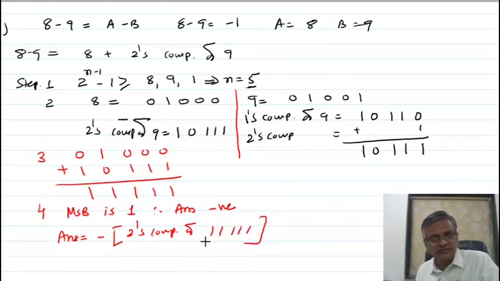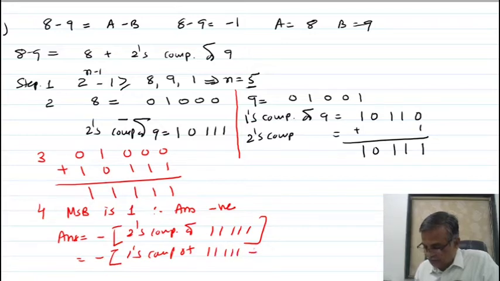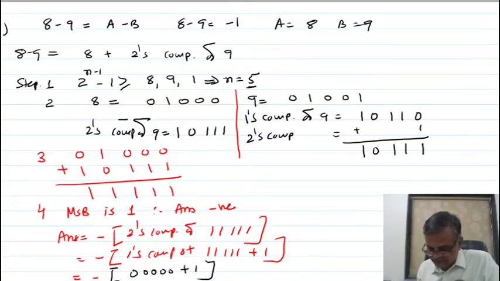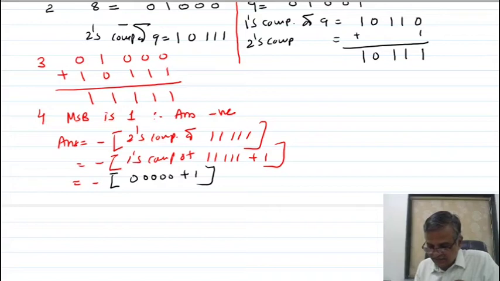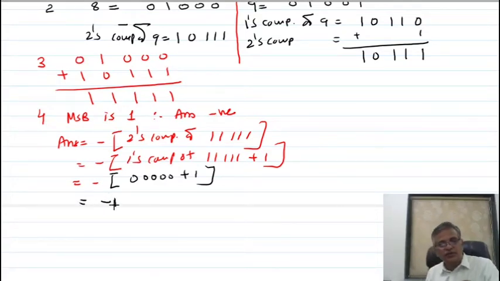So minus, first complement of 1, 1, 1, 1, 1 plus 1. The first complement of this is 0, 0, 0, 0, 0 plus 1. So my answer is minus 1.